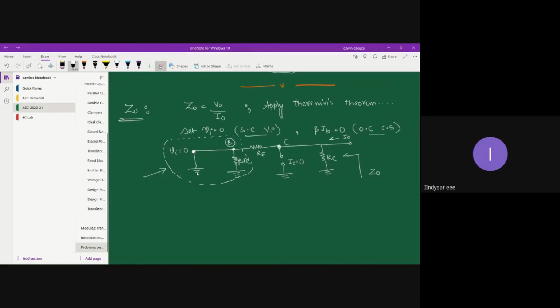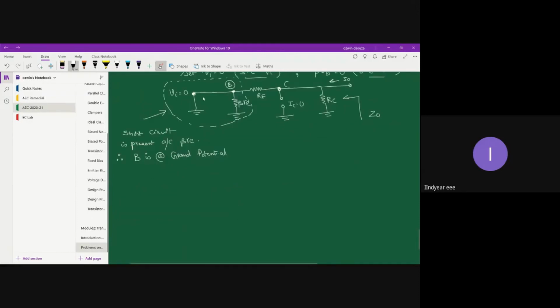That means your base terminal is directly held at ground terminal, so a short circuit is present across beta RE. Therefore, the base is at ground potential, held there due to the short circuit introduced at the input source Vi.